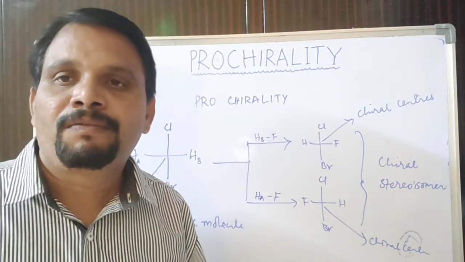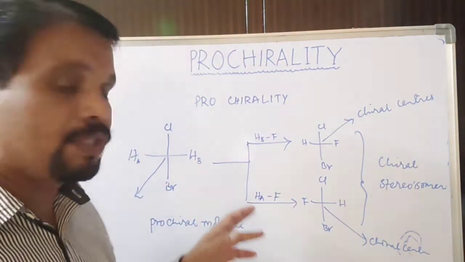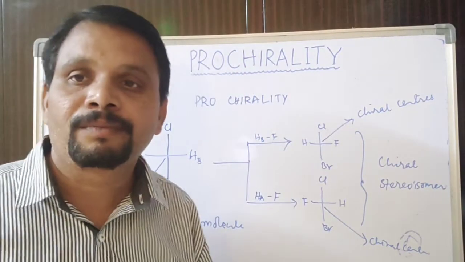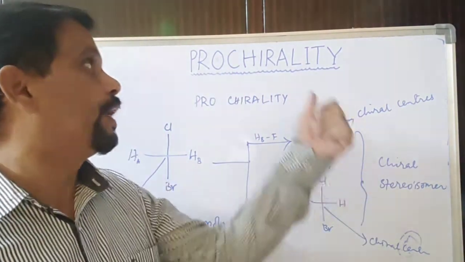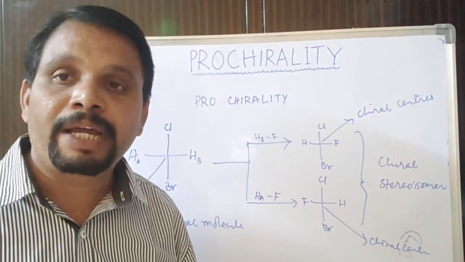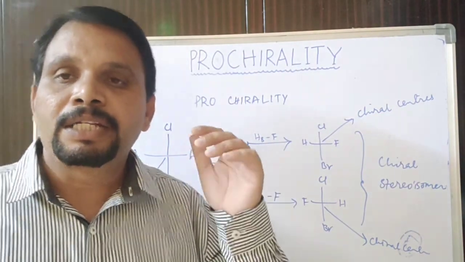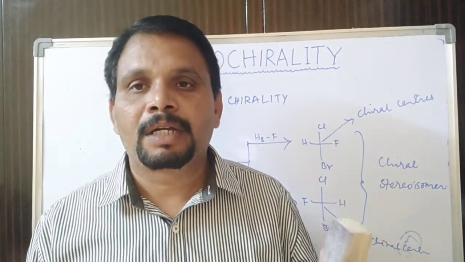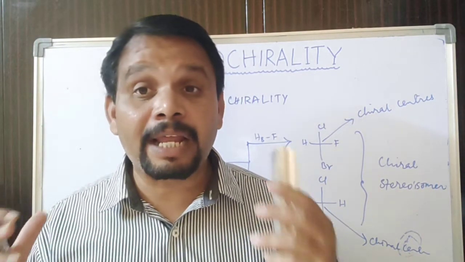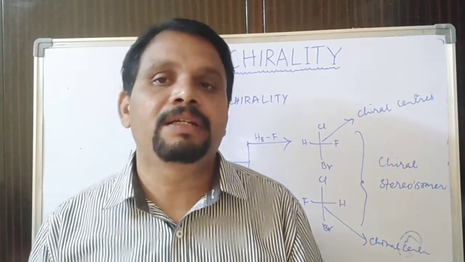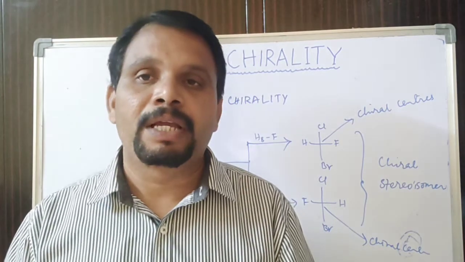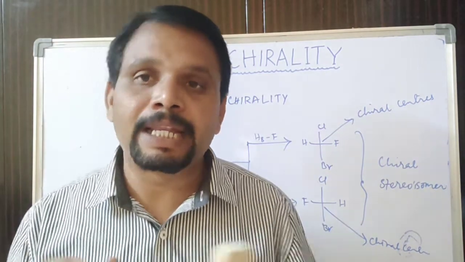This phenomenon, this process or this property is known as prochirality. Prochirality means, in stereochemistry, an achiral molecule generates chirality by involving stereoheterotopic units in one step.